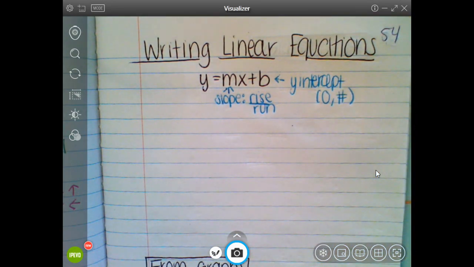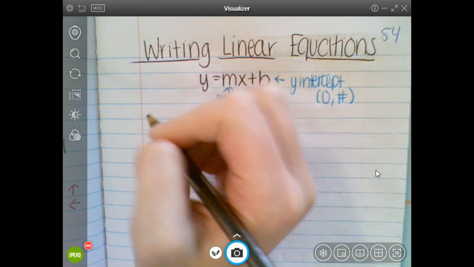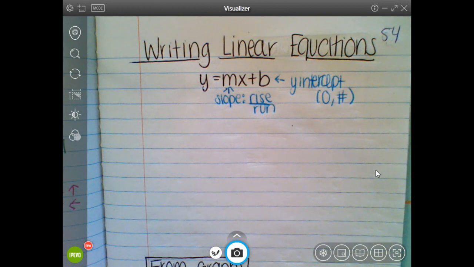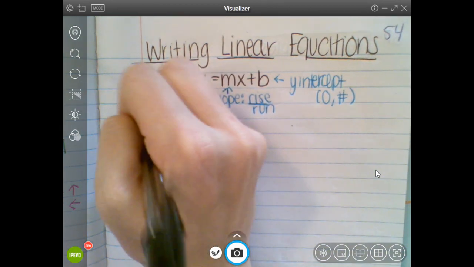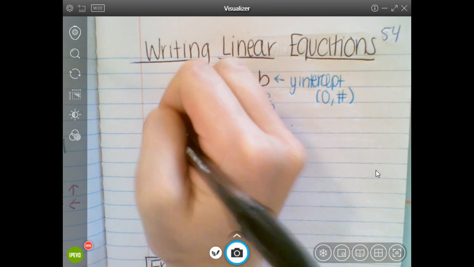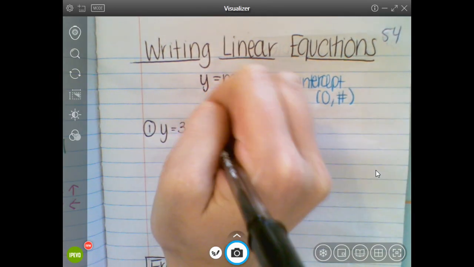y is a number. So from that, there's a lot of ways that they can ask you to write linear equations or functions, so we're going to look at a bunch of different examples. So the first way that they can ask you is they can say, okay, here is an equation, y equals 3x plus 4.